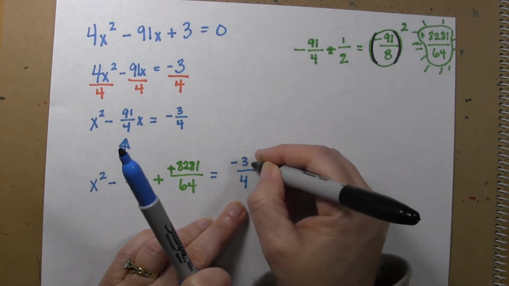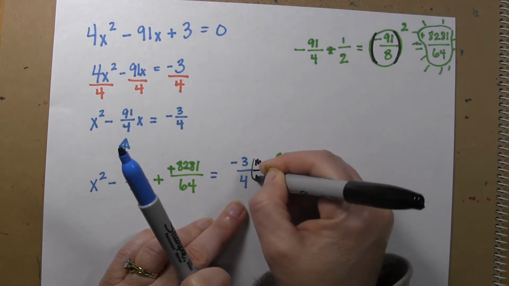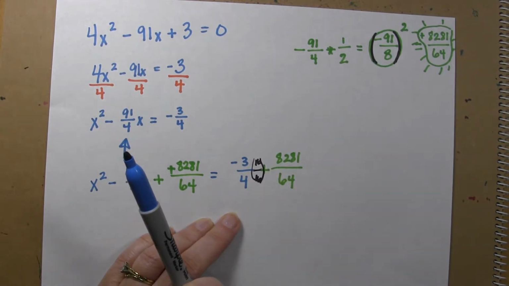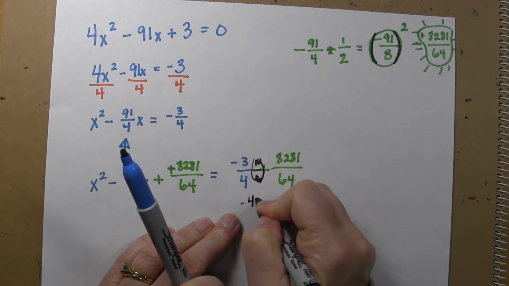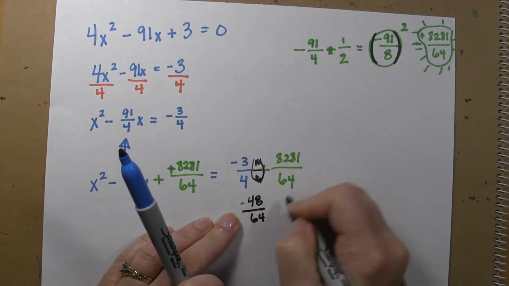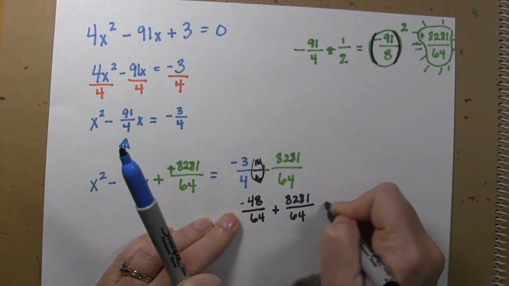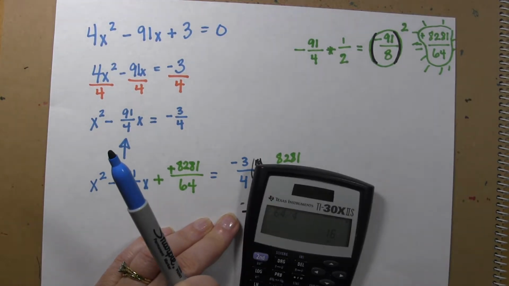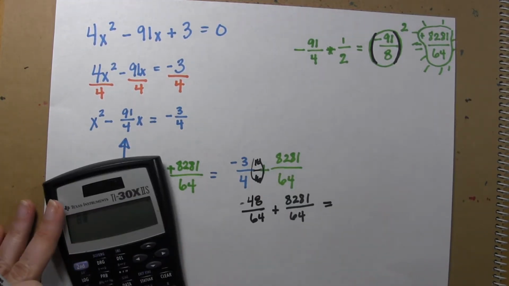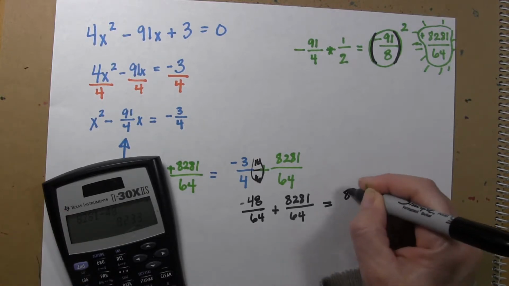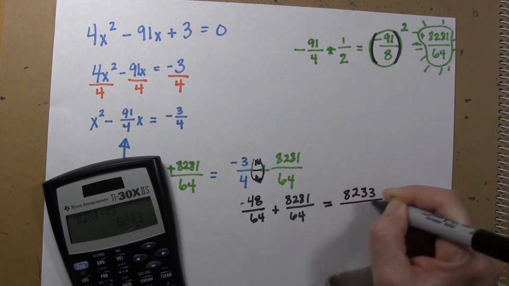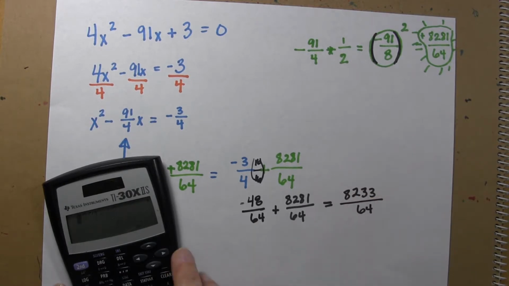So I could multiply this thing by 16 over 16, and I would get negative 48 over 64 plus 8281 over 64, which equals 8281 minus 48 equals 8233 over 64.